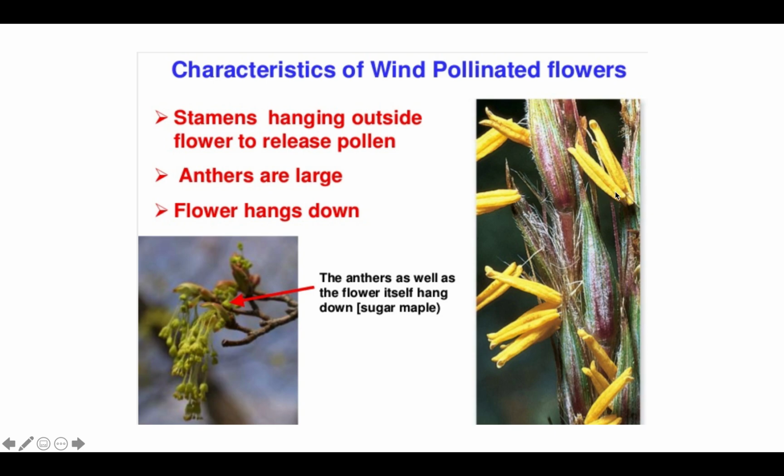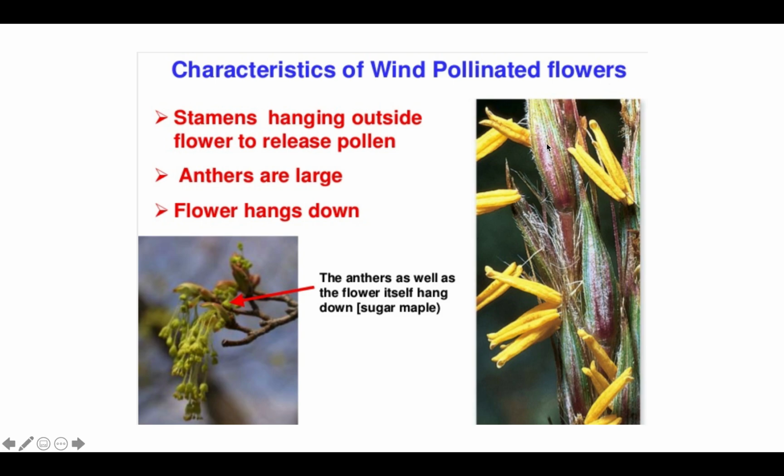So here the stamens hang outside to release the pollen easily, while in the insect pollinated flowers we said they should be inside the flower so that the bee or the insect brushes and it sticks to their body.